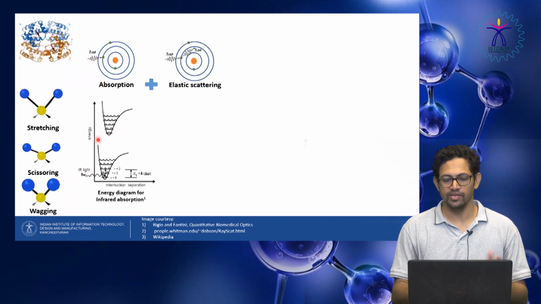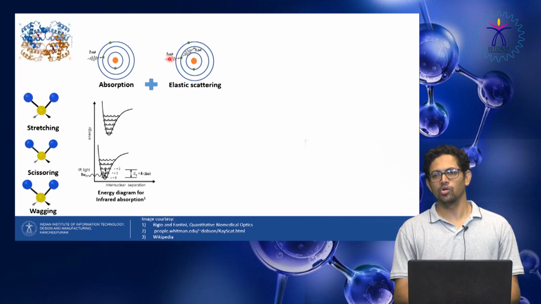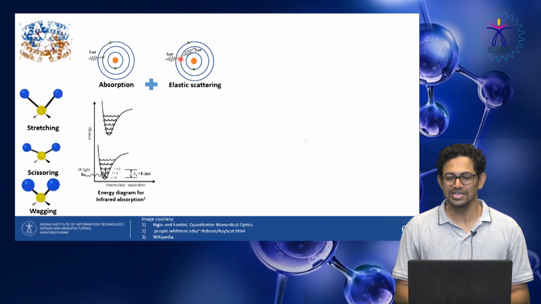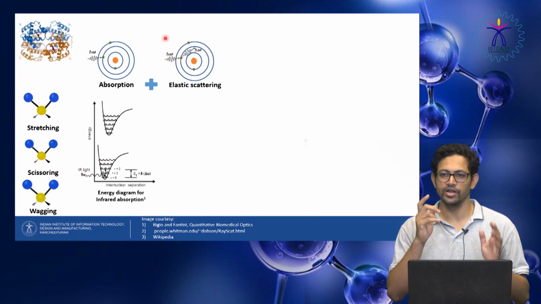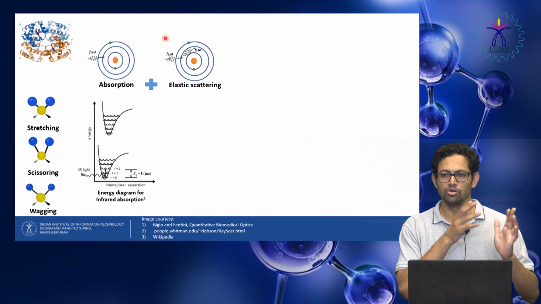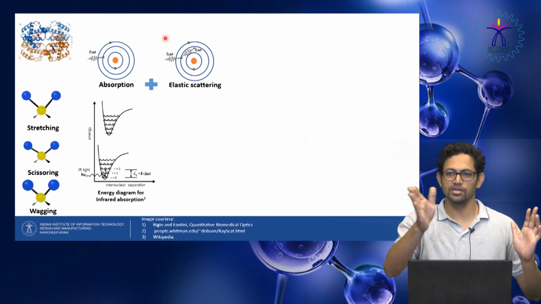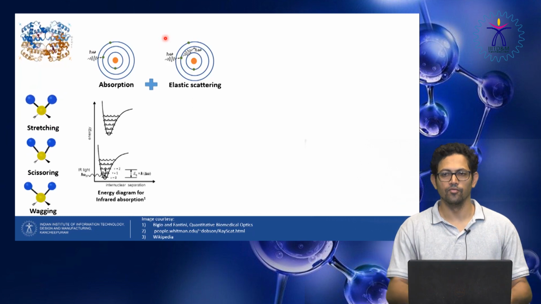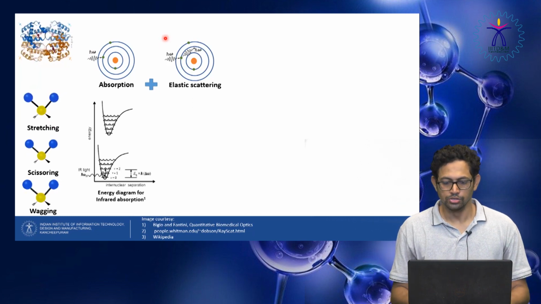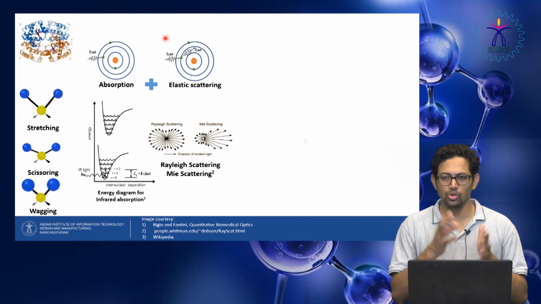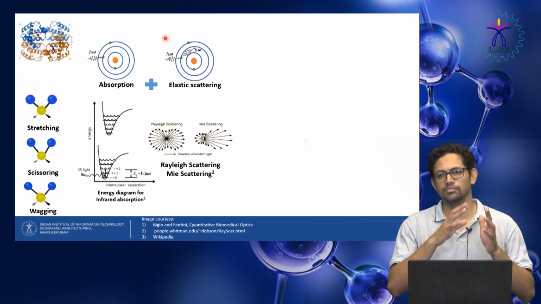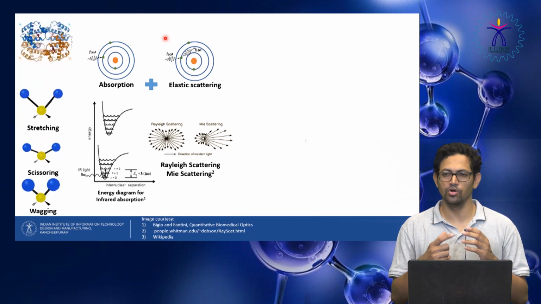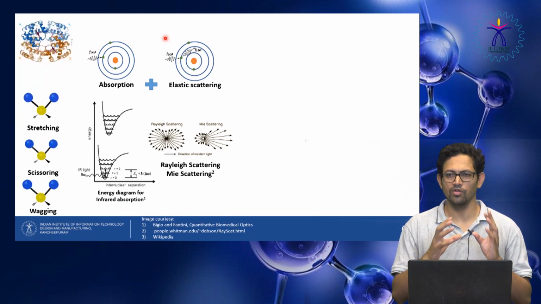The next thing that could happen is if we shine a photon of a particular energy, it could just deviate. It's just like a ball that we are hitting at a wall at a particular angle, and then it will just deviate after hitting. There is no change in velocity after hitting the wall. Because there is no change in the velocity or the frequency in this case, when we talk about a photon, it's always not the velocity which is important.